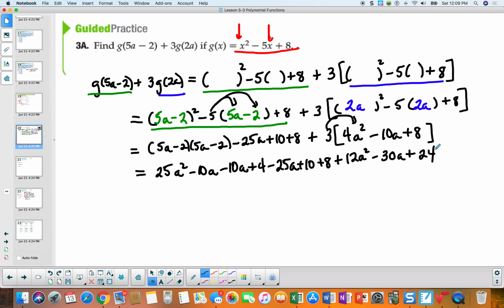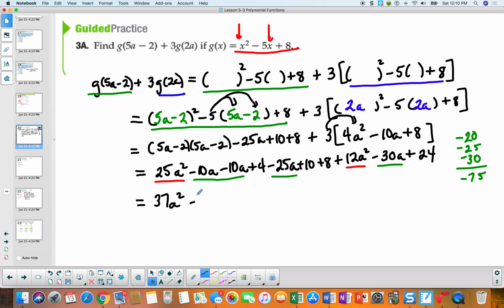Okay, so now there are no parentheses, and I'm going to start gathering up like terms. This is a like term with this, so that answer is going to be 37a squared. Now I'm going to start collecting a's here. All of them end up being negative. So I have negative 20 here, a negative 10 and a negative 10, a negative 25, and then I have a negative 30. So that's going to be 5, 7, negative 75.